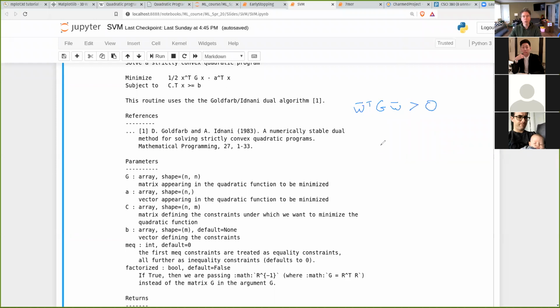The problem is that the G that I just told you to build, and which is the one you should build, is not strictly greater than 0, it's just greater than or equal to 0. This is an important property of a matrix. If this is true, you say that it's a positive definite matrix. And if this is true, it's a positive semi-definite matrix. So you need it to be positive semi-definite for the problem to be convex.